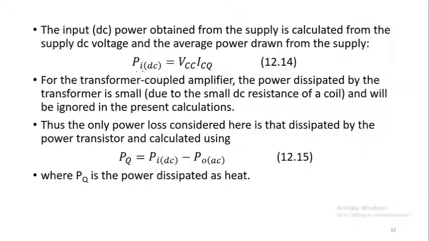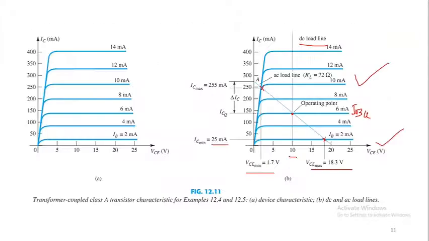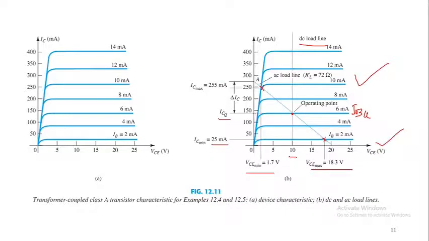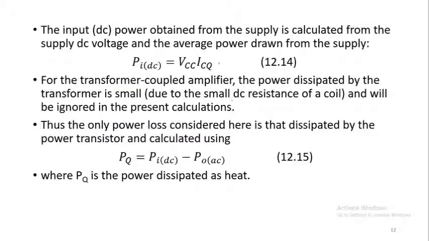It says P_iDC, the input DC power, is equal to VCC into ICQ. क्यों? क्योंकि आपके पास ये ICQ, you have to maintain this even if there is no signal and you are applying the voltage which is VCC all the time. So the power actually delivered by this DC source is this one, which is VCC into ICQ.